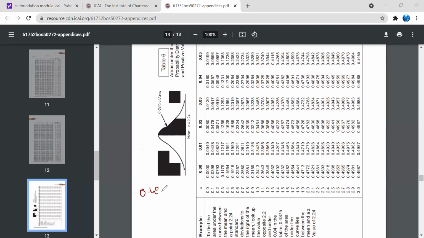It is 0.4970. Then I want the area for Z equals 1.25 also. We look at 1.2 here and 5 here. This is 0.3944.